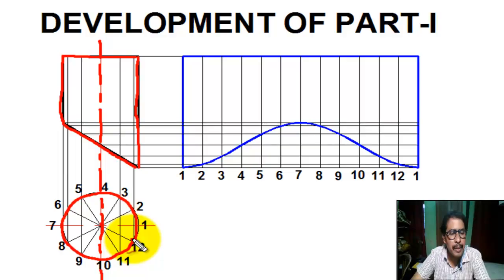Now divide the circle into 12 equal divisions by 30 degree and 60 degree with the help of 30-60 set square.